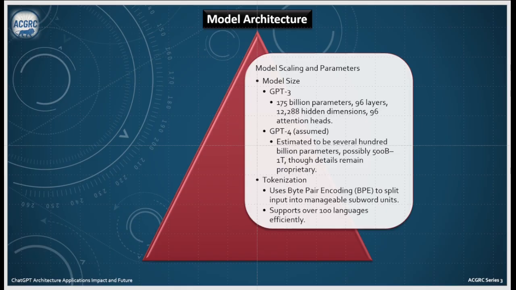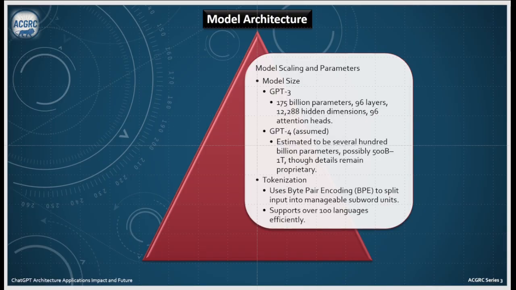So what does 12,288 hidden dimension mean? Inside every layer of the transformer, words or tokens are converted into vectors, which are basically numerical representations. Each vector has a certain size or length called the hidden dimension.